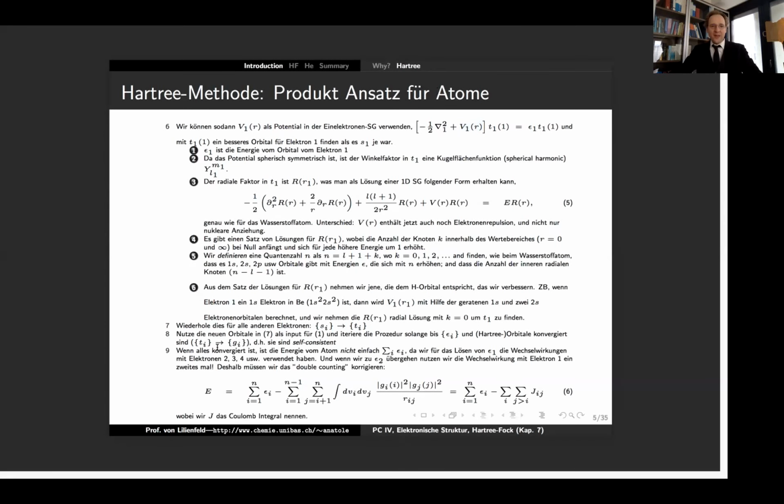So when everything is converged, the energy of the atom is not simply the sum over the eigenvalues. This is one of the consequences. It's not like in Hückel. You cannot simply sum up the eigenvalues, because for solving this, you included some interactions, and so it's not simply a sum over terms.